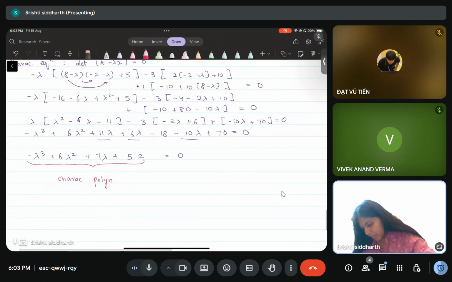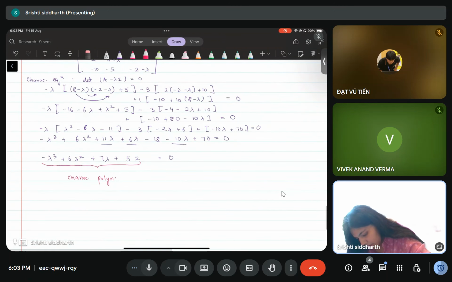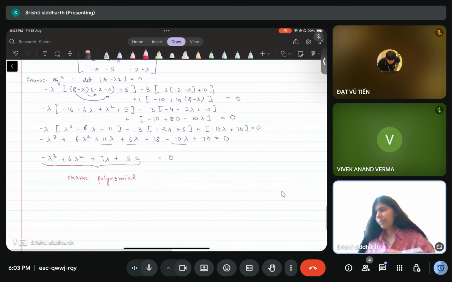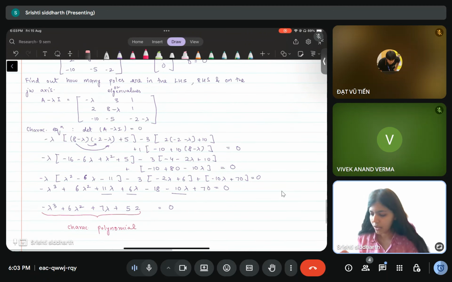So this part, without equating to 0, is the characteristic polynomial. There are two ways to know the location of the poles.